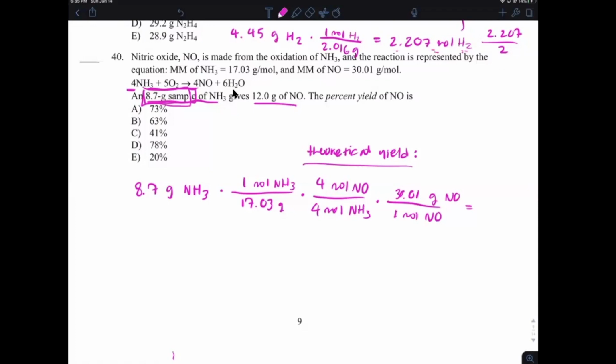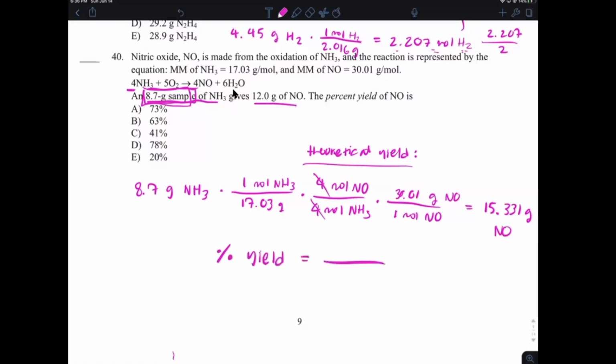So let's calculate this big thing. We just multiply 8.7 by 30.0 and divide by 17.03, and we get around 15.331 grams of NO.